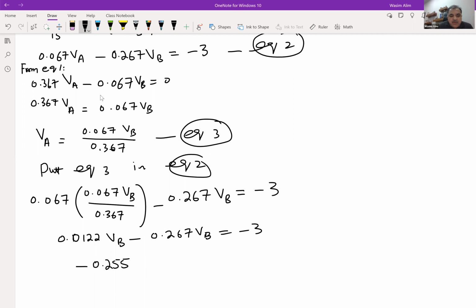So negative 0.255 V sub B is equal to -3, and do you agree that we can cancel these negative signs since both sides are negative? So we can cancel them, and then we can say V sub B equals 3 divided by 0.255.